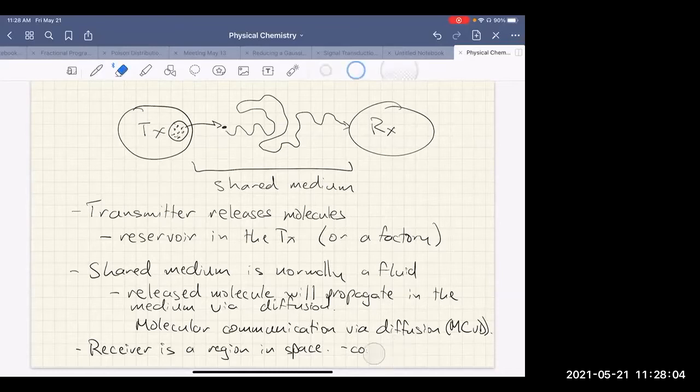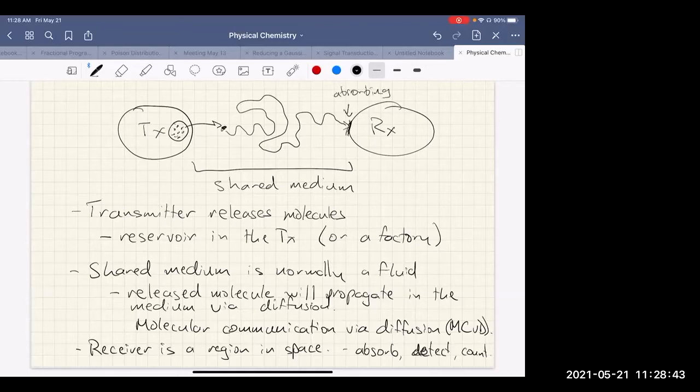It can not necessarily just count, but the first thing it does is it can do things like absorb, detect, and count. It doesn't necessarily need to do any of these things, but these are the sorts of concepts that it can do. So if you imagine this randomly propagating molecule, it can be absorbed on the surface. It can be absorbed on the surface here. So this molecule, as it travels, can be absorbed on the surface over here. It doesn't necessarily need to do that. So this would be absorbing.